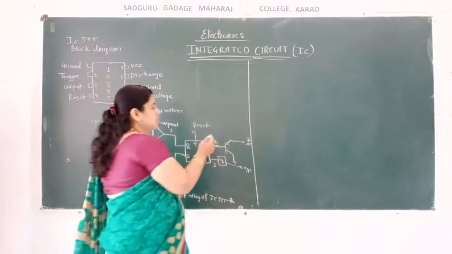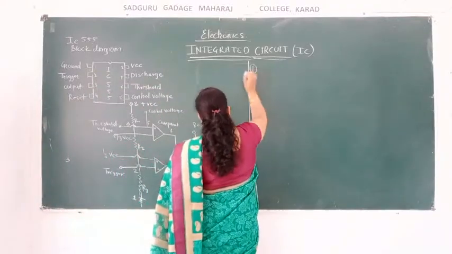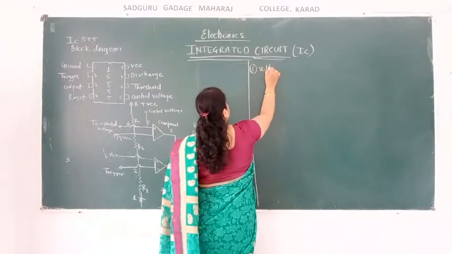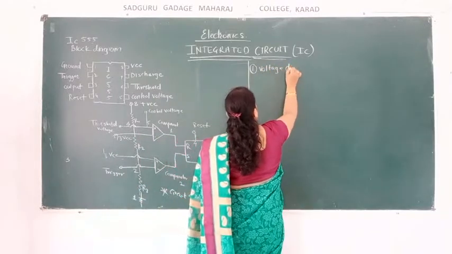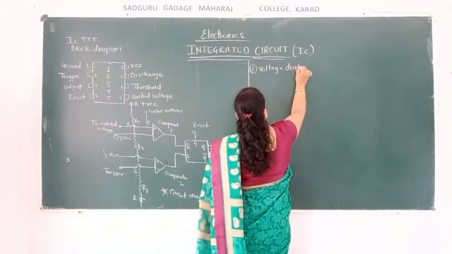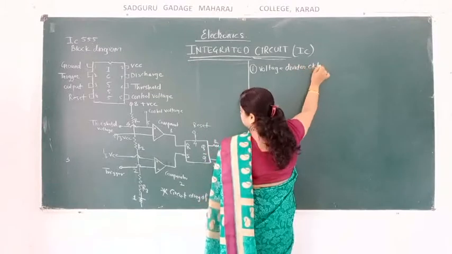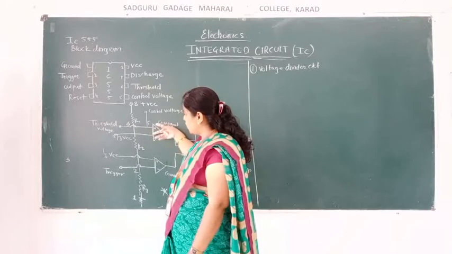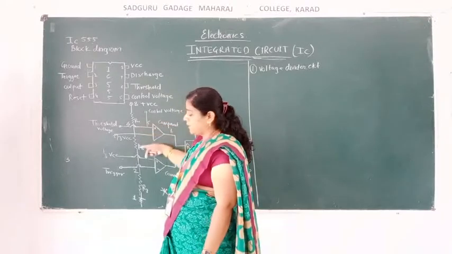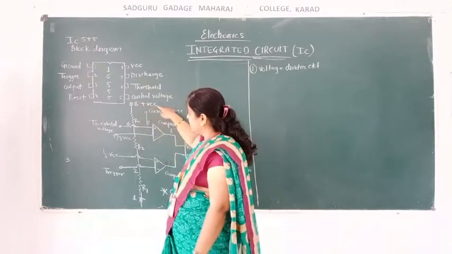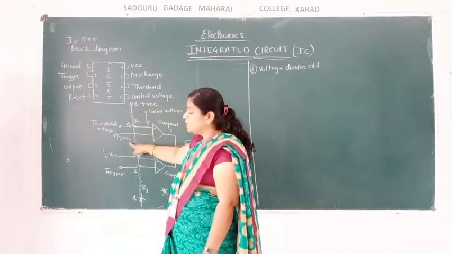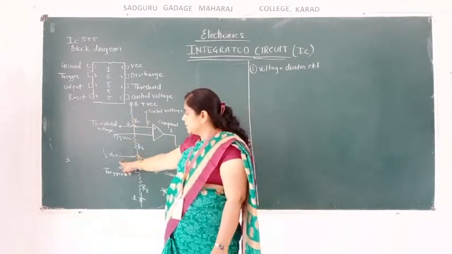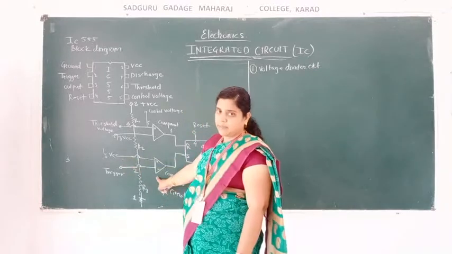What is there in the circuit? Voltage divider circuit is there. First circuit is what? Voltage divider circuit, isn't it? Here is the resistor and the op-amp is using this voltage will be divided. The total voltage is VCC, it is divided here. 2/3 of VCC is given to the first comparator and 1/3 of VCC is given to the second comparator.